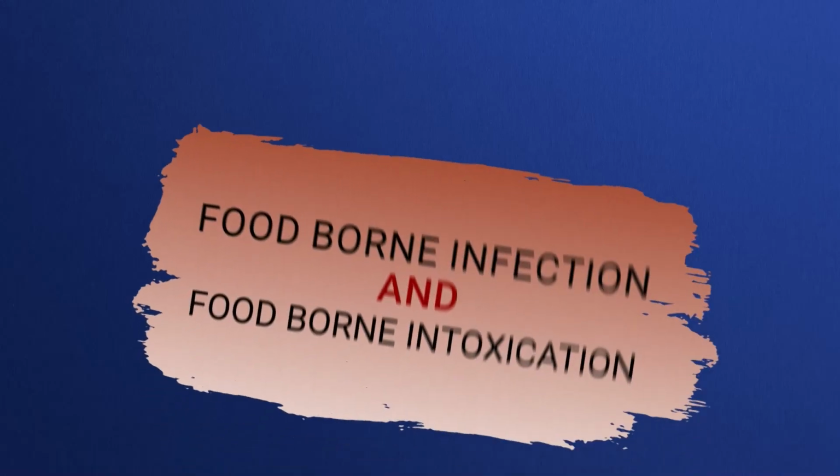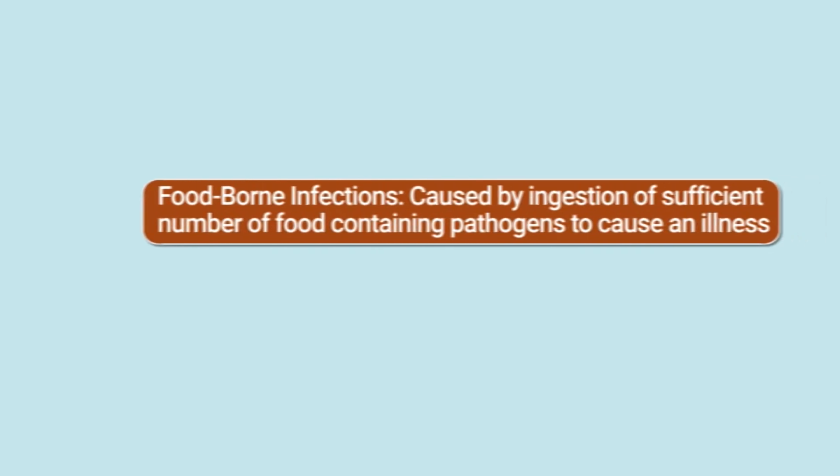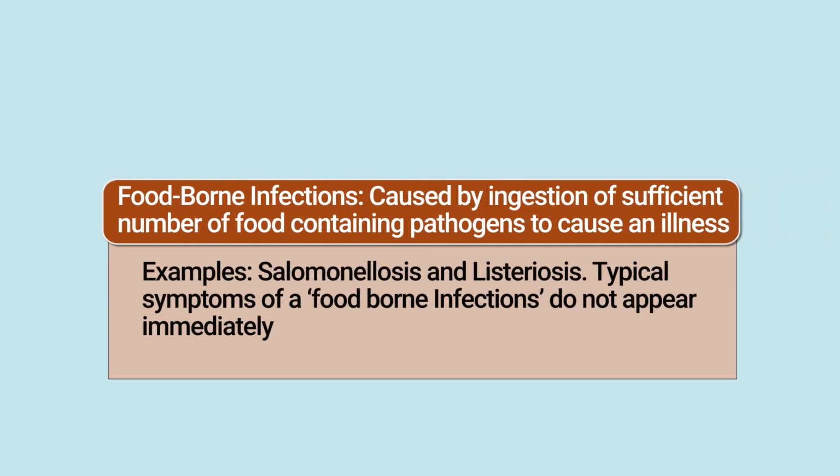Now under this, we have two terms, foodborne infection and foodborne intoxication. Foodborne infection is caused by ingestion of a sufficient number of pathogens in food to cause illness, like Salmonella and Listeriosis. Particularly, the symptoms do not appear immediately. So when we take food which contains the pathogen, we call it an infection.